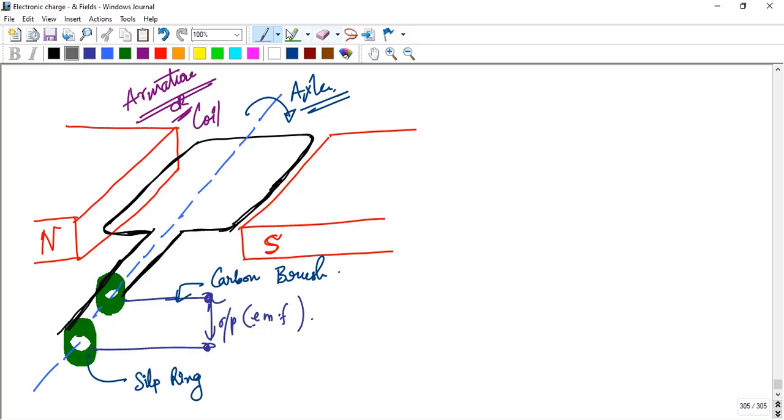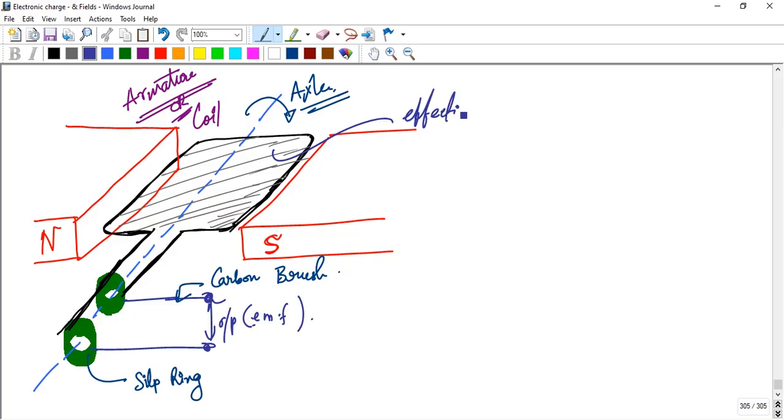Very important: this is the effective area of the coil or armature.